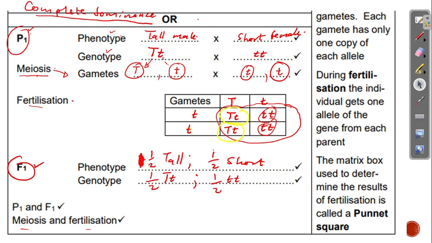Meaning, if we cross a tall male and a short female, the offspring will be either tall or short. If there is no in between, neither tall nor short. We can cross a black male and a white female: either one will be black or white. It won't be an in-between color. That's what we call complete dominance.